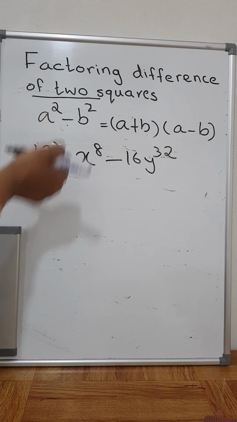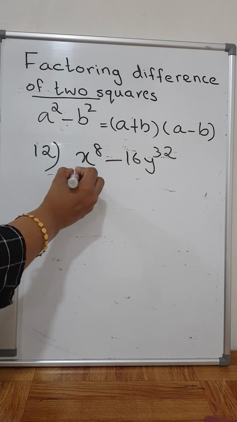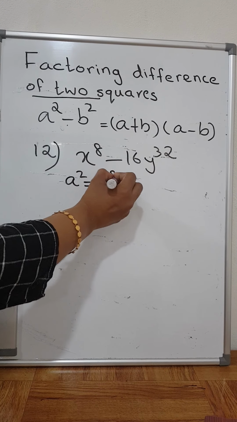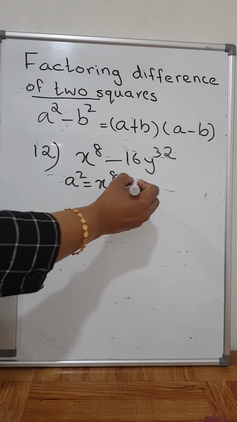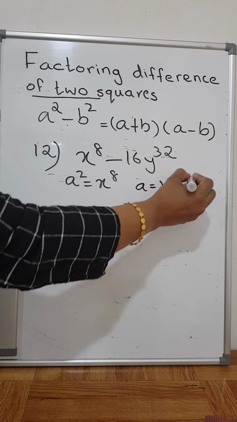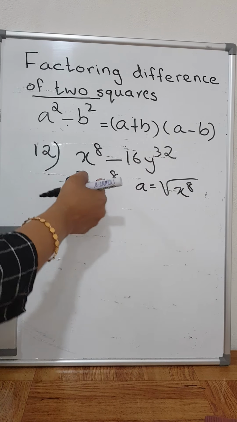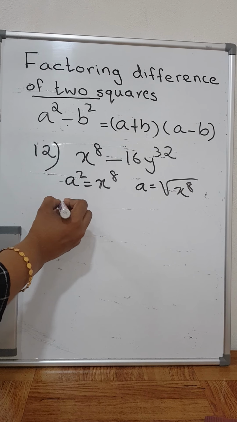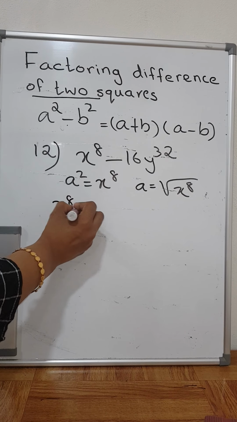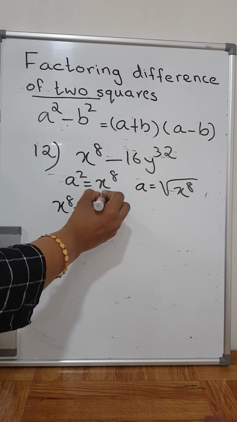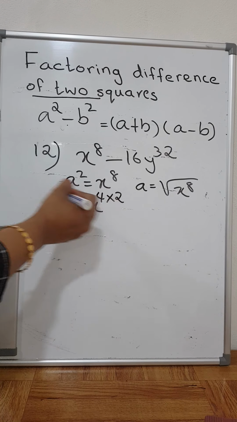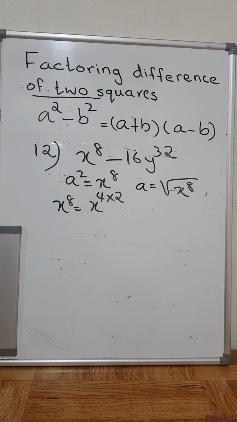Compare with the original one. You see, a² is x to the power 8. So what will be a? a will be the square root of x to the power 8. You see, x to the power 8 can be written as x to the power 4 times 2, right? Because 4 times 2 is 8, we know.